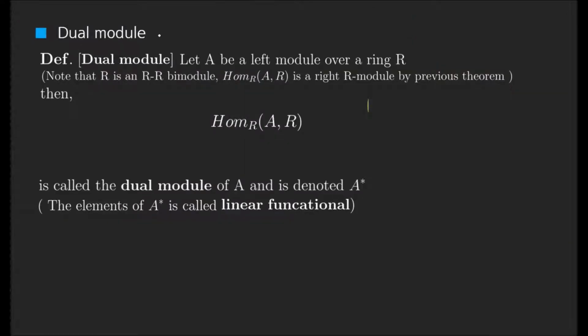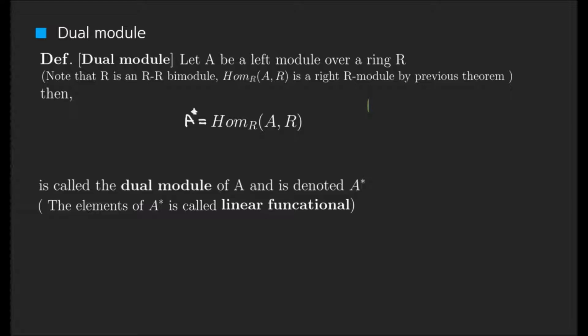From the concept of the dual space in linear algebra, we can easily understand the concept of the dual module. So let's read the definition of the dual module. Let A be a left module of the ring R. Then Hom_R(A, R) is called the dual module of A and is denoted A star.